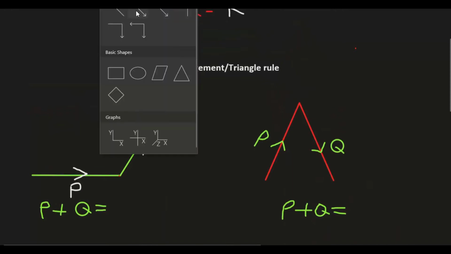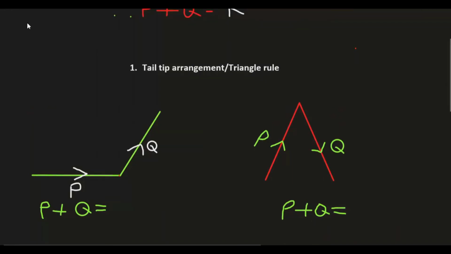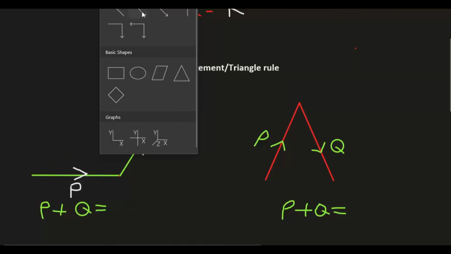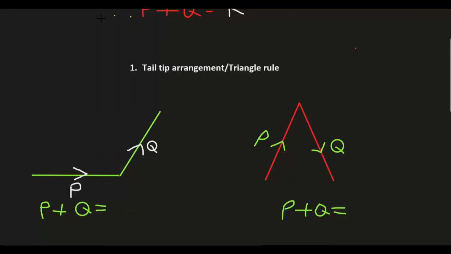Well, this is pretty simple. All we need to do is draw a vector from this tail to this tip, and let me draw a straight line so that it's nicer. So we will draw a straight line, and that's it.